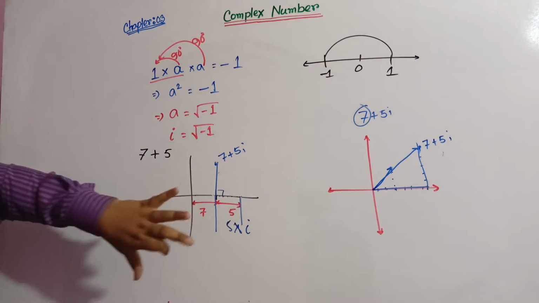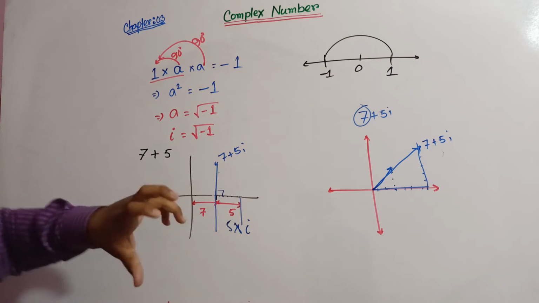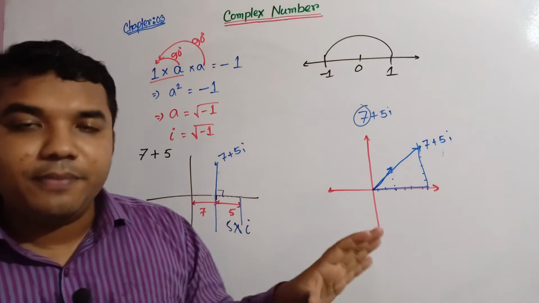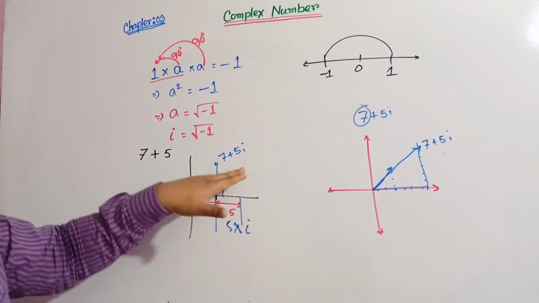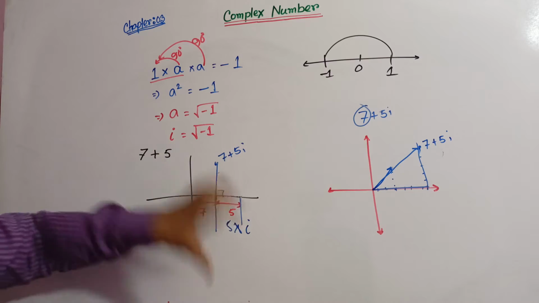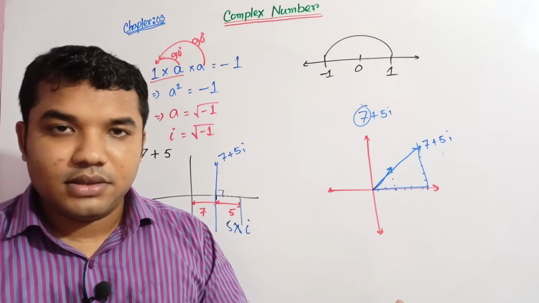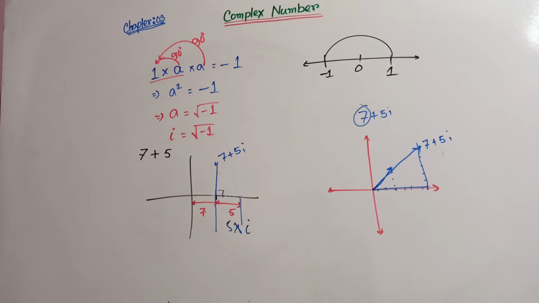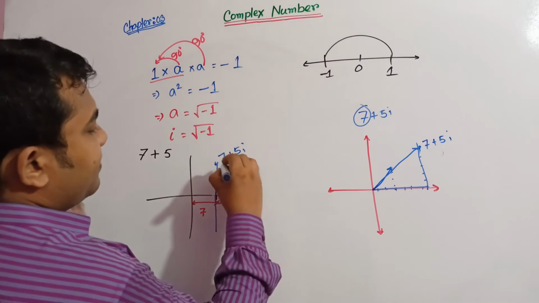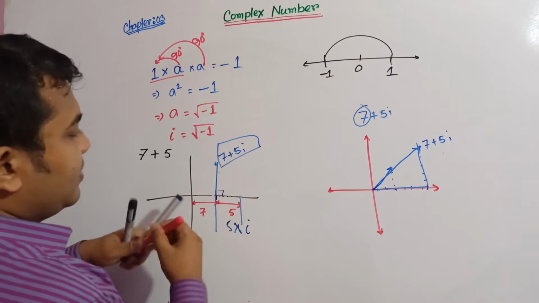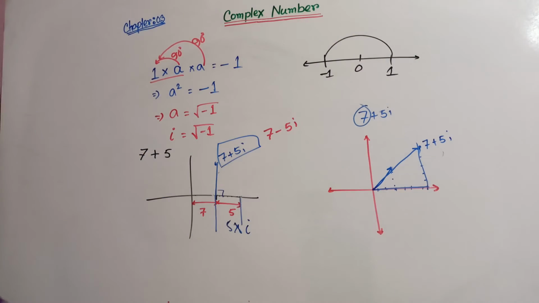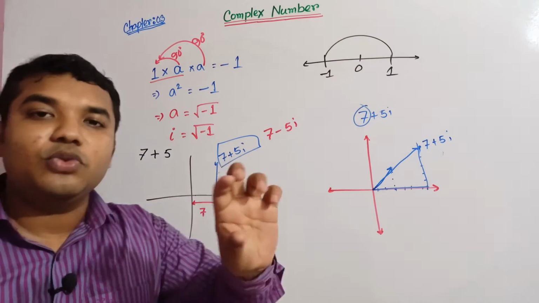Okay, after understanding this part, now we are trying to focus on this: if this is the complex number, then what is the complex conjugate number? The complex conjugate number should be 7 minus 5i. So the imaginary part's sign should be changed.